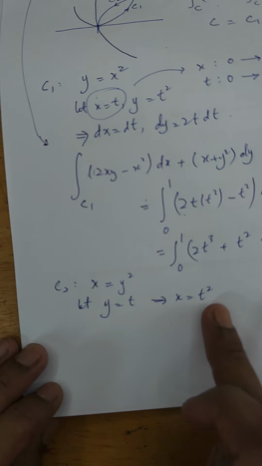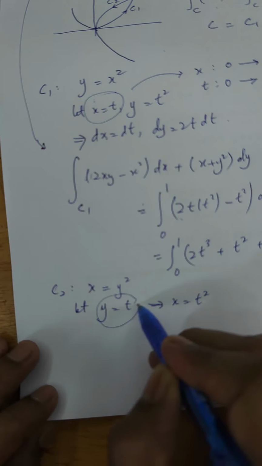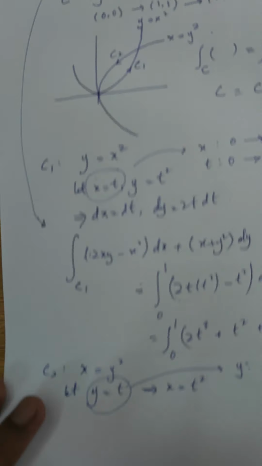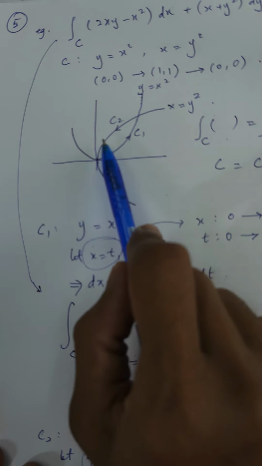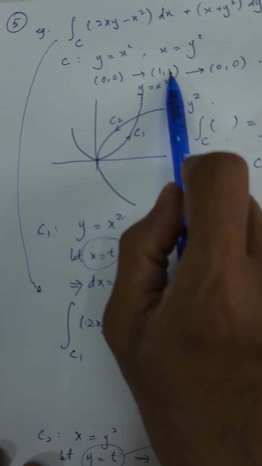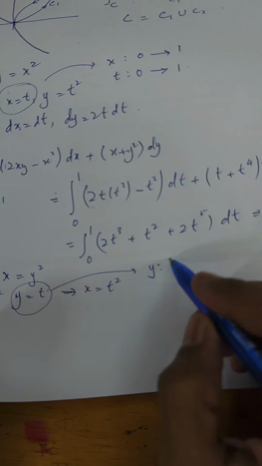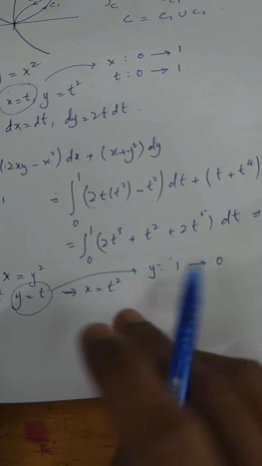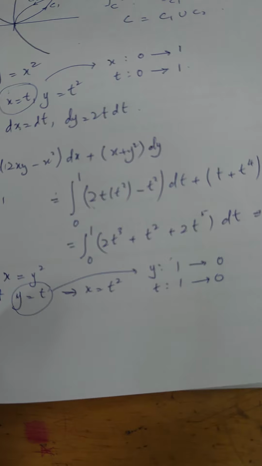Then for the limit of integration, we look at y equal to t. Then we look at the limit for y. y is from 1 to 0. So our t is also from 1 to 0.